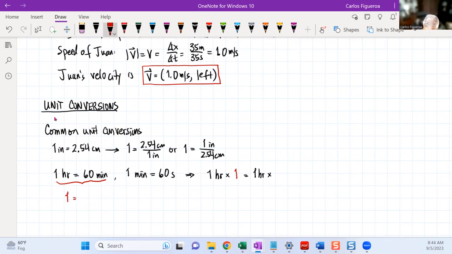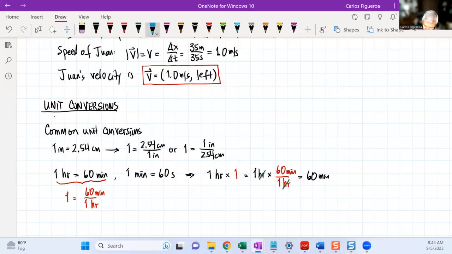So I can rewrite this as 60 minutes over 1 hour. Then if I multiply that by 1, right away we can see that the hours cancel out, and I am left with 60 minutes.